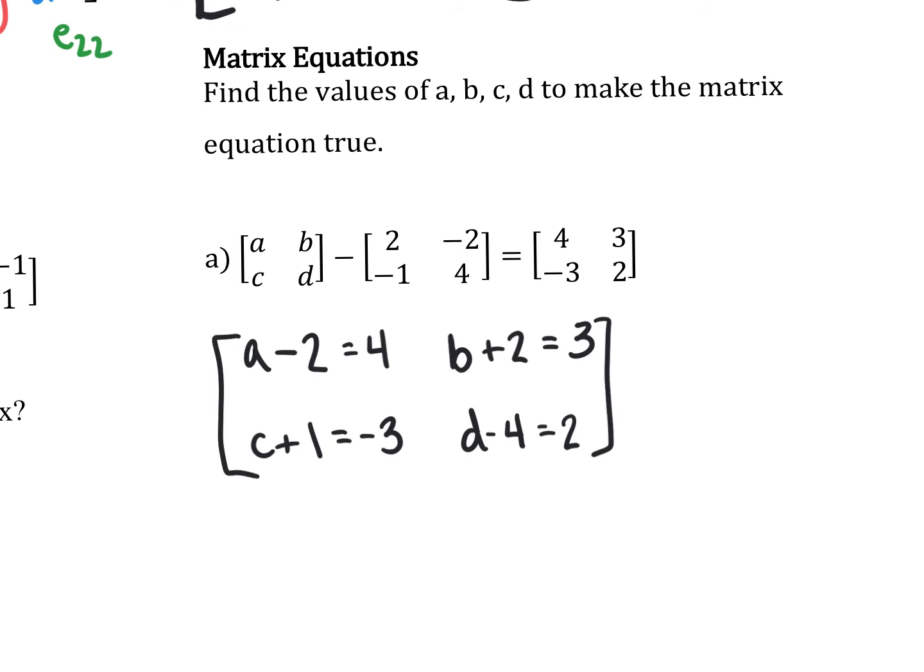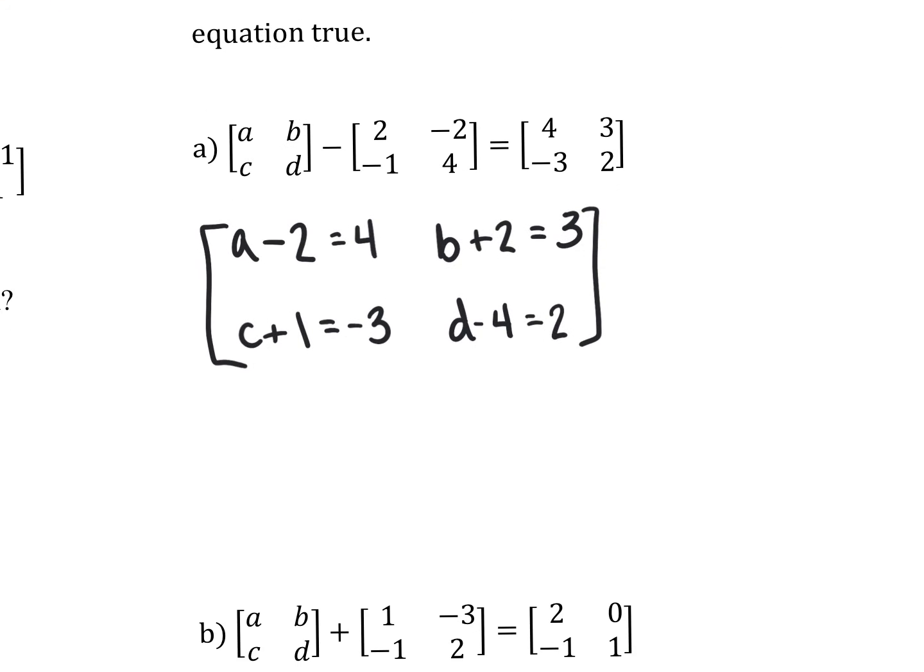So I want to solve A minus 2 is equal to 4. What does A equal? How do I solve that? Add 2 to both sides. A equals 6. How do I solve B? Subtract 2 on both sides. B equals 1. C, subtract 1 on both sides. C is equal to negative 4.